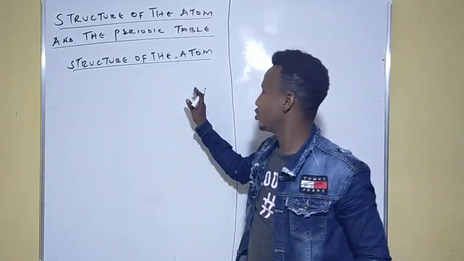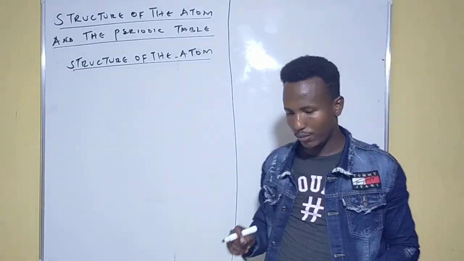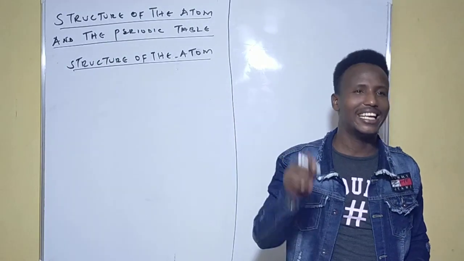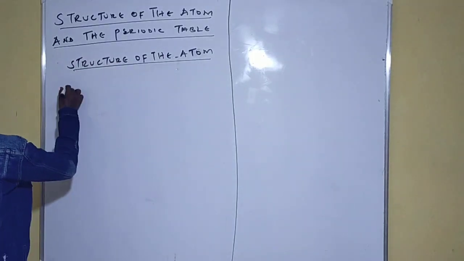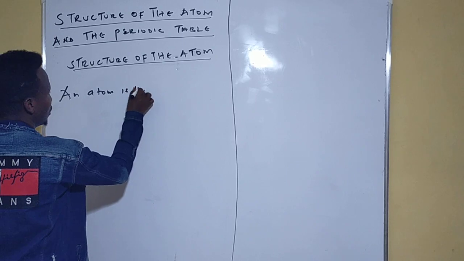So, structure of the atom. Under this, we are going to define what an atom is. An atom is the smallest particle of an element that can take part in a chemical reaction. Let me write that for you.